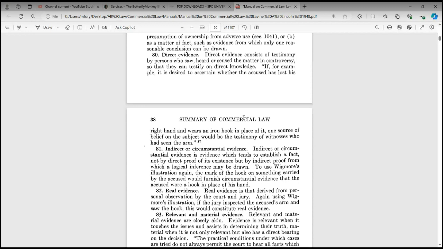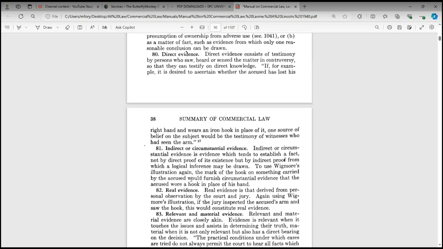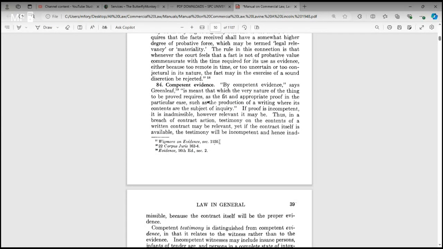Right? If you're trying to prove that he got his arm cut off and he has a hook, then right in front of you, he could just pull it off and there you go, right? But here it's testimony. The testimony states that he was present for whatever reason. They give an annotation, and Wigmore on Evidence. That's a law book, an authority on the law of evidence, I guess.